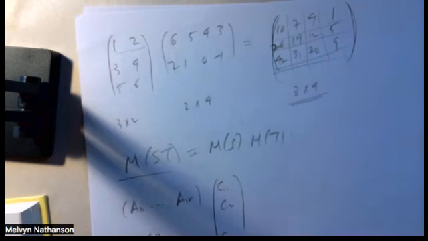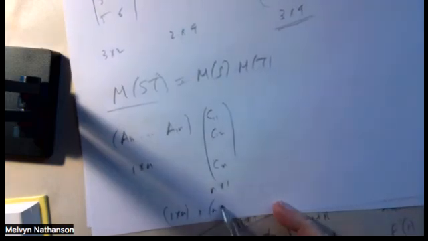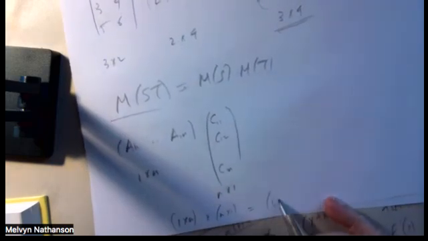So this is n rows and one column. So when I have a 1 by n times an n by 1, that's going to be 1 by 1.